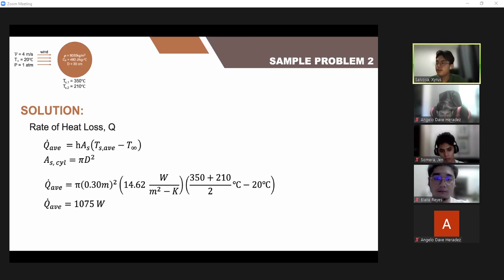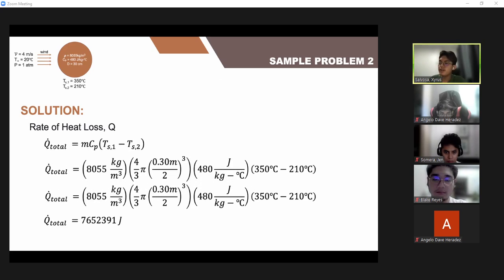Take note also that we are solving for the average rate of heat transfer to avoid the complexity of the changing of the temperature of the surface during cooling. Therefore, the average of both surface temperatures must be used. Substituting the corresponding values such as the diameter, acquired heat convective coefficient, and the surface temperature and air temperatures, we get a value of 1075 watts or joule per second.